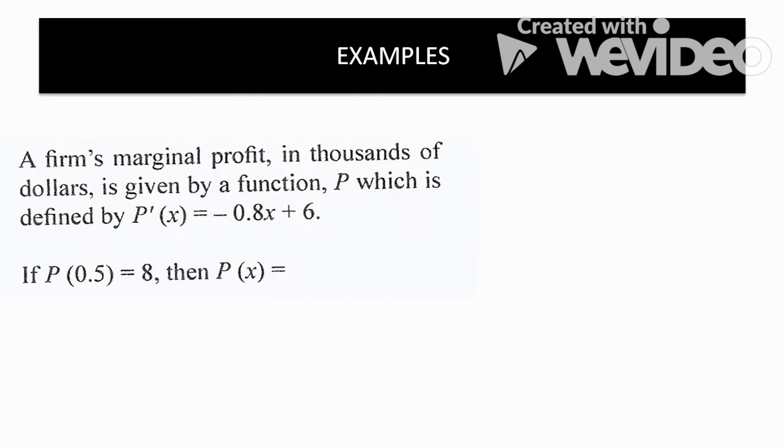So, it says a firm's marginal profit in thousands of dollars is given by a function p, which is defined by p prime x equals negative 0.8x plus 6. If p(0.5) equals 8, then what is p(x)?